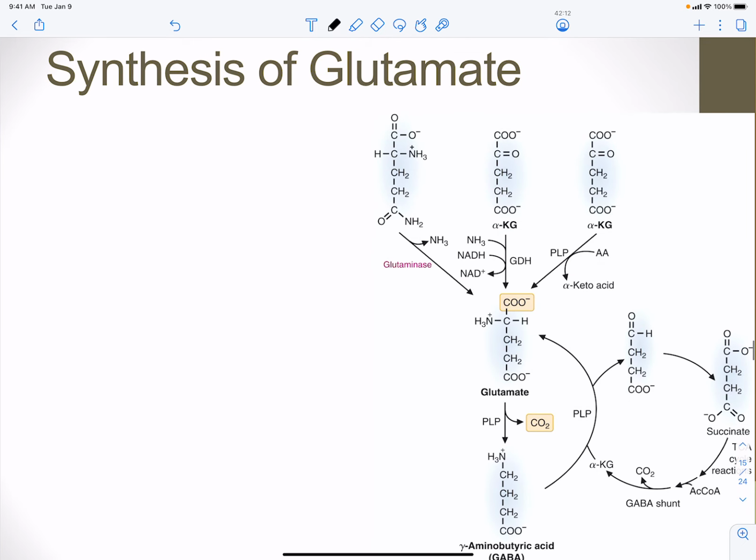We also have synthesis of glutamate. So glutamate is an excitatory neurotransmitter. And this is going to lead to depolarization of neurons.